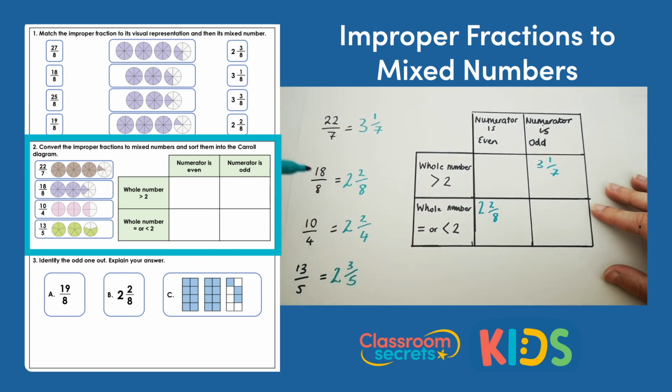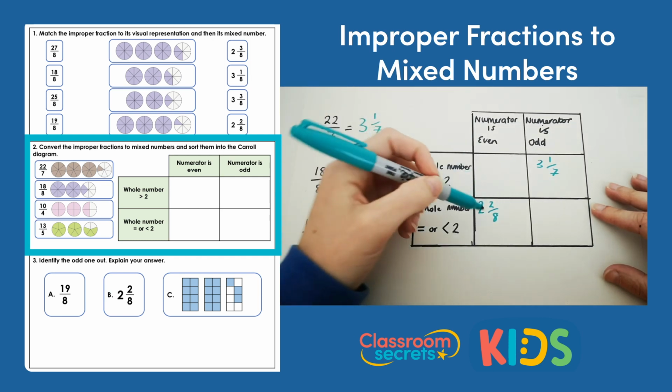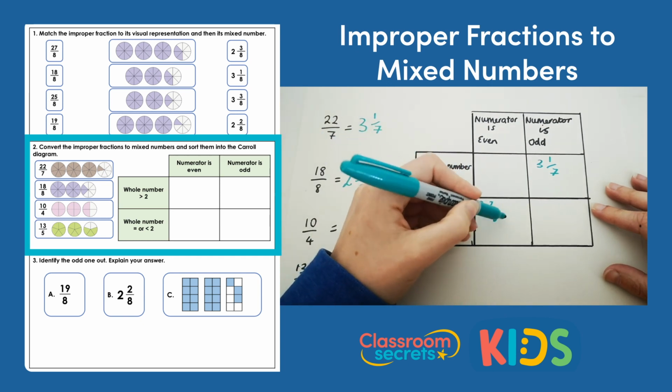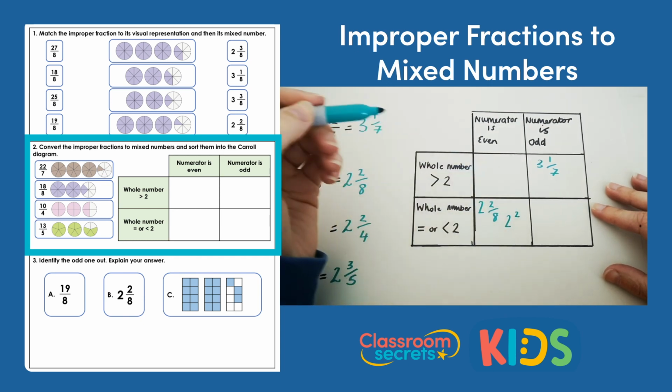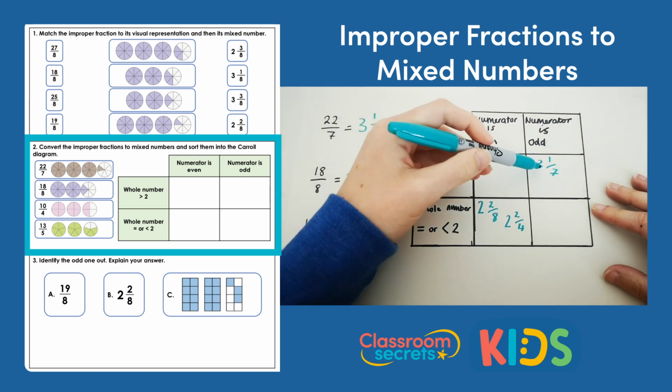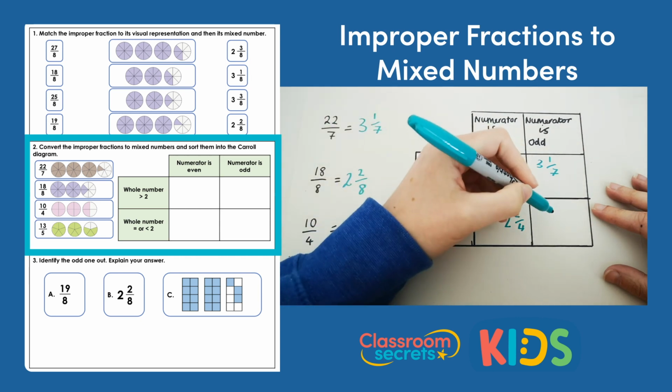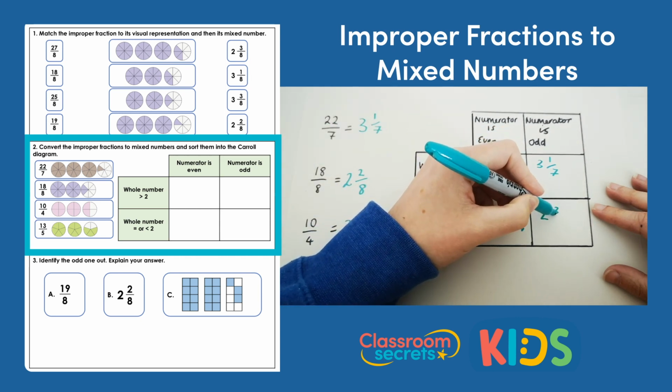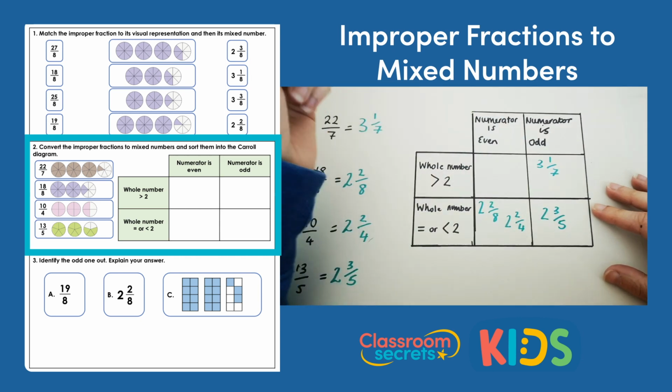So it goes in there. 2 and 2/4 has a whole number that is equal to 2 and the numerator is even. So it goes in here. And finally, 2 and 3/5 has a numerator that is odd and a whole number that is equal to 2. So it goes in here.